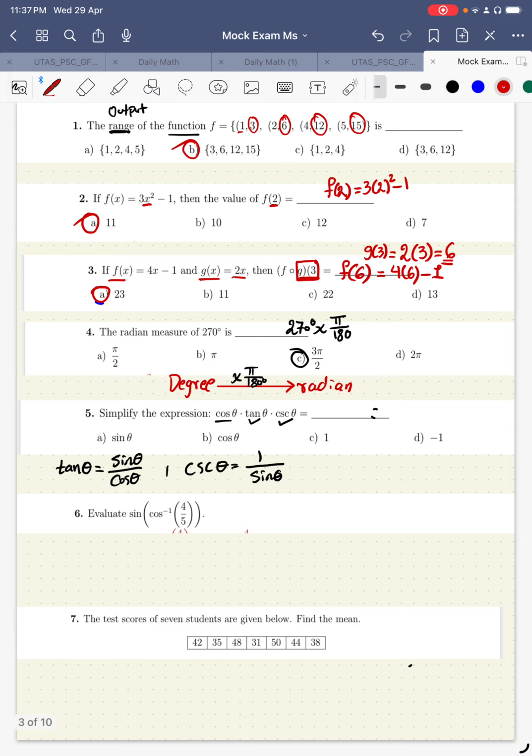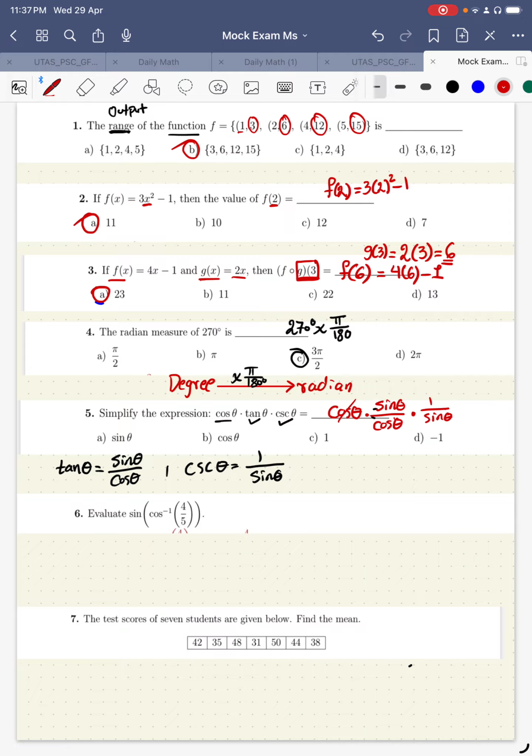So now I'm gonna rewrite this one here. Cosine, I didn't change cosine, but tan, did I change it? Yes, I put it as sine of theta over cosine of theta times, and the cosecant, I changed it to 1 over sine of theta.